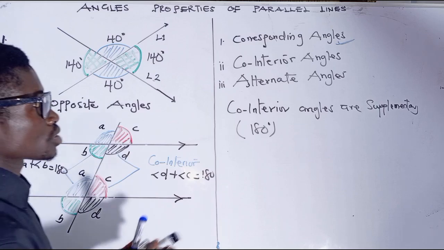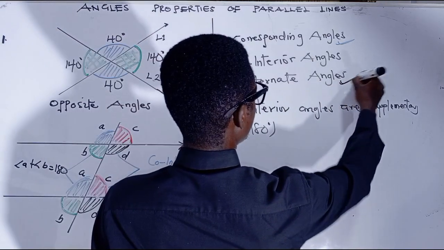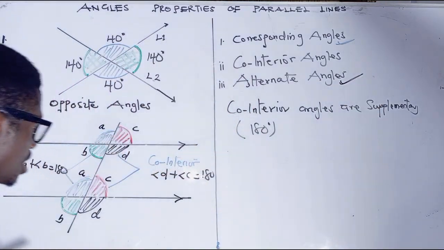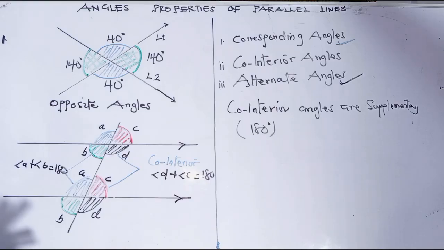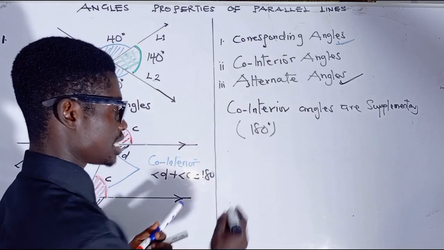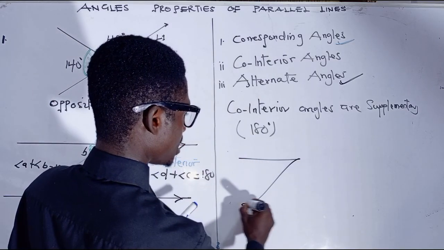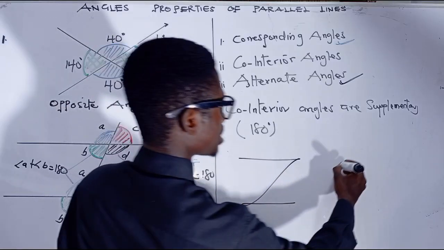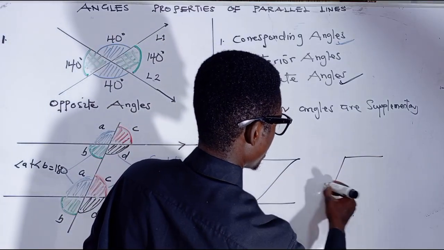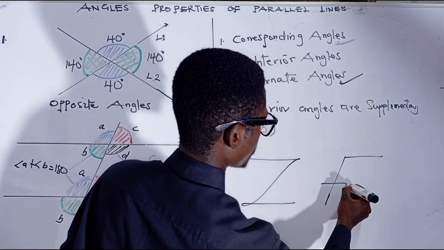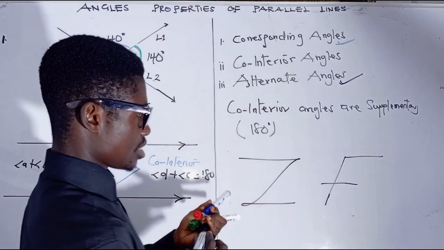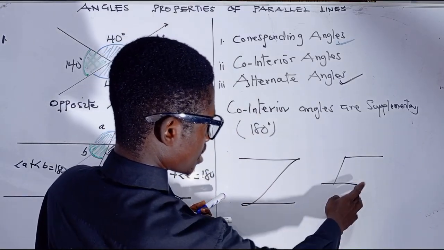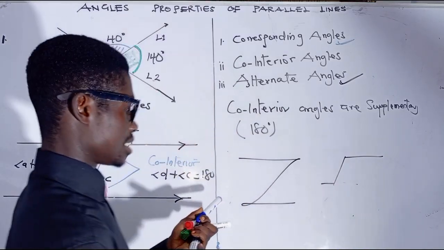Now the next one is the alternate angle. With the alternate angle concept, it takes the shape of a Z, and then a slanted F. So we can clean this to make it like this.